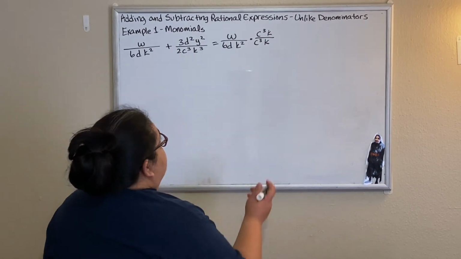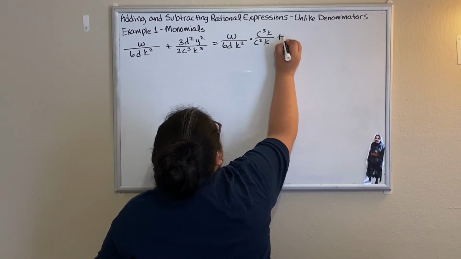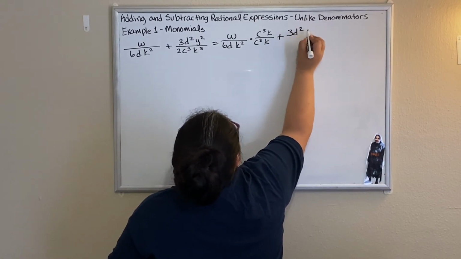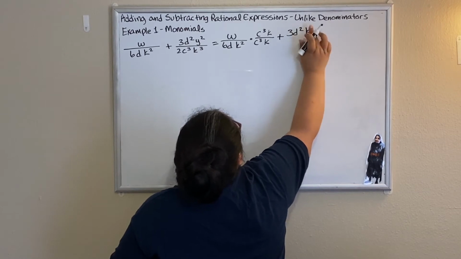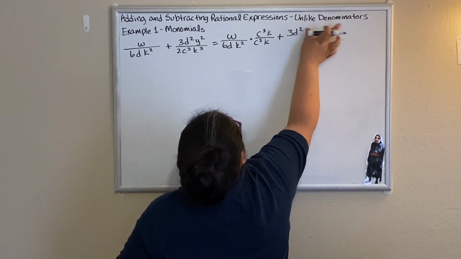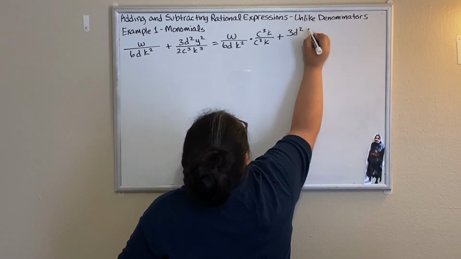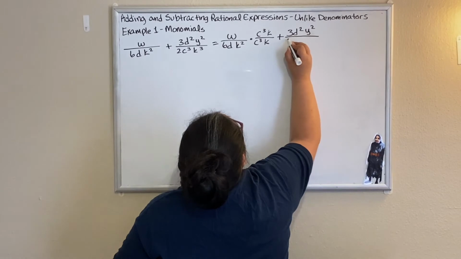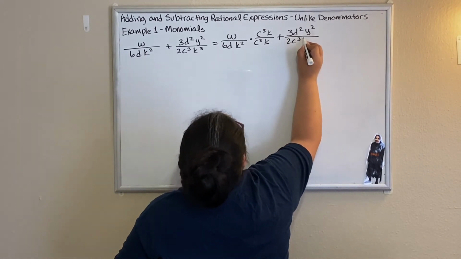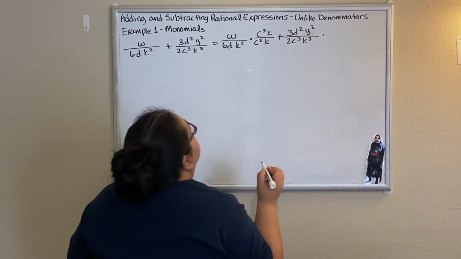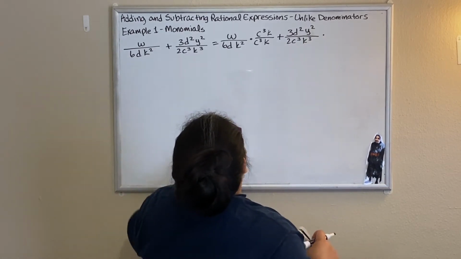So now on the other expression, on the second term, we have 3d squared y squared over 2c cubed k cubed, and we're going to multiply this by the missing values.